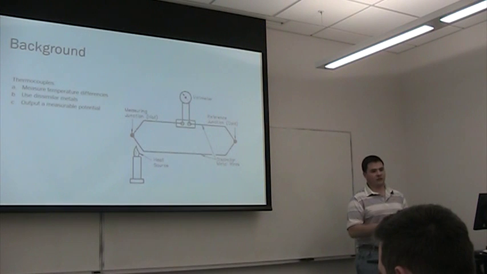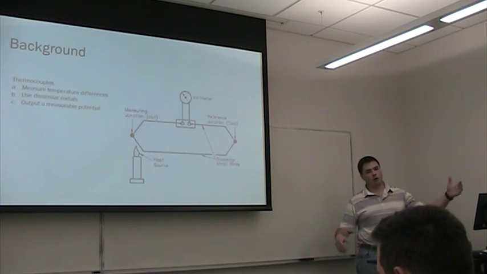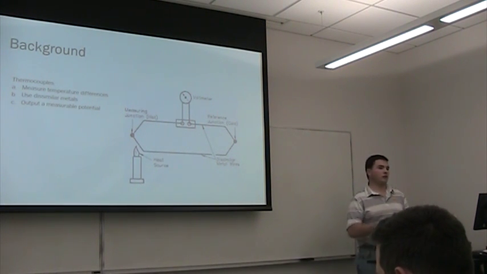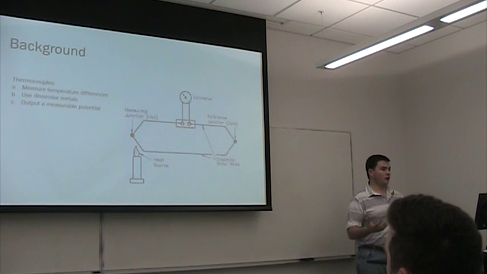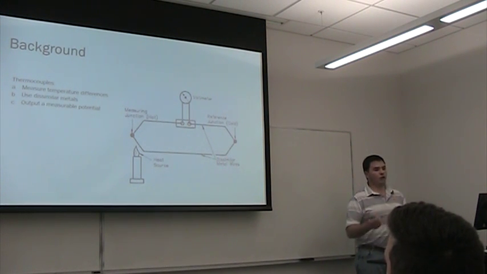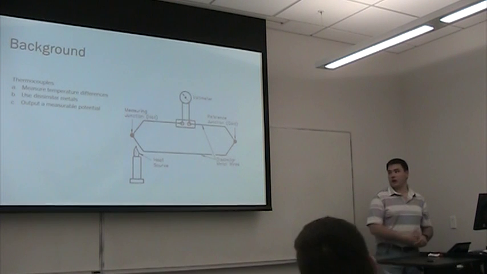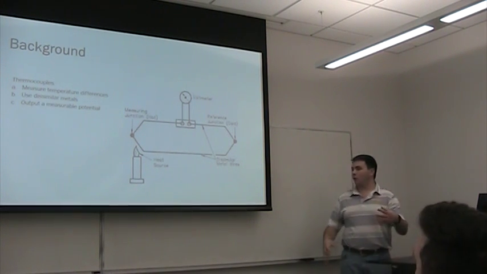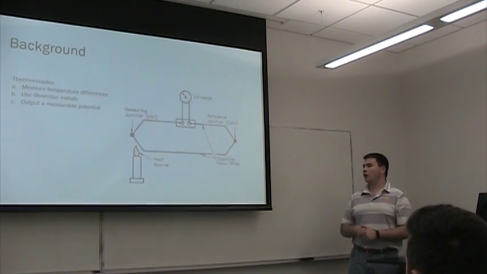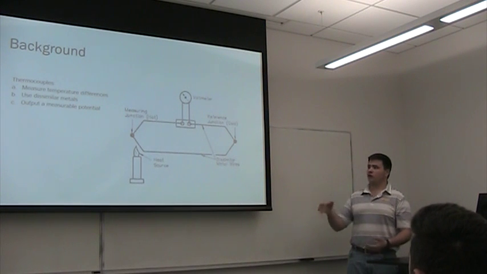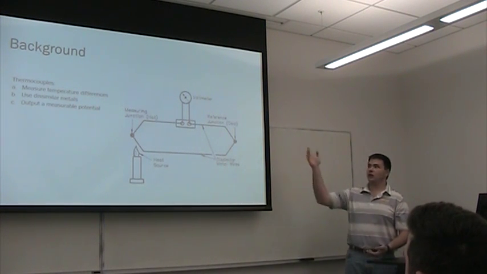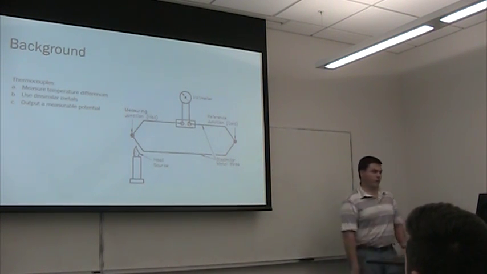So by setting a temperature difference at both ends of the 2 metals, we can measure the voltage difference generated in the thermocouple, and that voltage can be converted into a measurable temperature difference, which we recorded in our Excel sheet. Shown on the screen is a diagram of how you would measure the temperature difference between a cold junction and a hot junction, and how you would get output voltage from that.